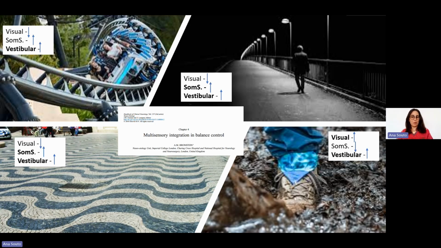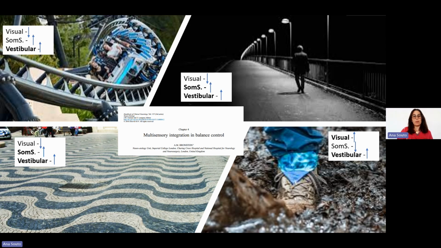But a more relatable scenario would be the one where we see a man walking at night. Here we have a decrease in the quantity of visual information. So what needs to happen is that centrally there's a need for a calibrating process that will increase the weight of the information coming from the somatosensory system and from the vestibular system, but especially from the somatosensory system.